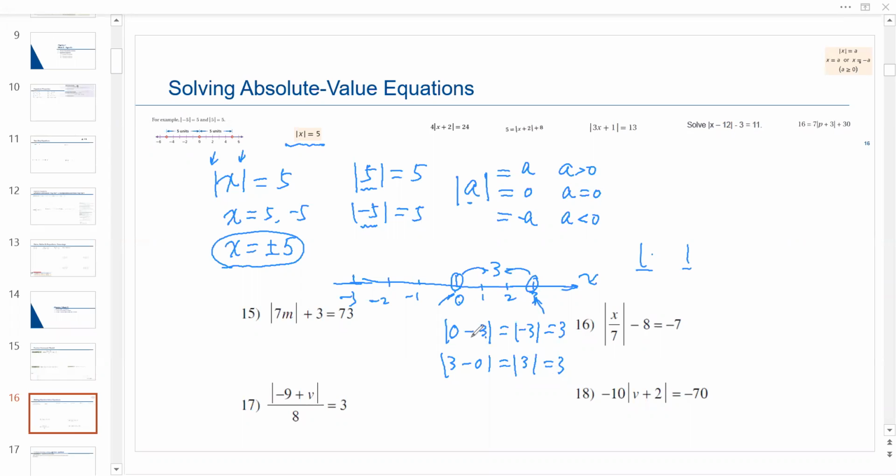The only thing is, when the inside number is positive, it just equals itself. When it is negative, after the absolute value it becomes its opposite, right? So keep this in mind.